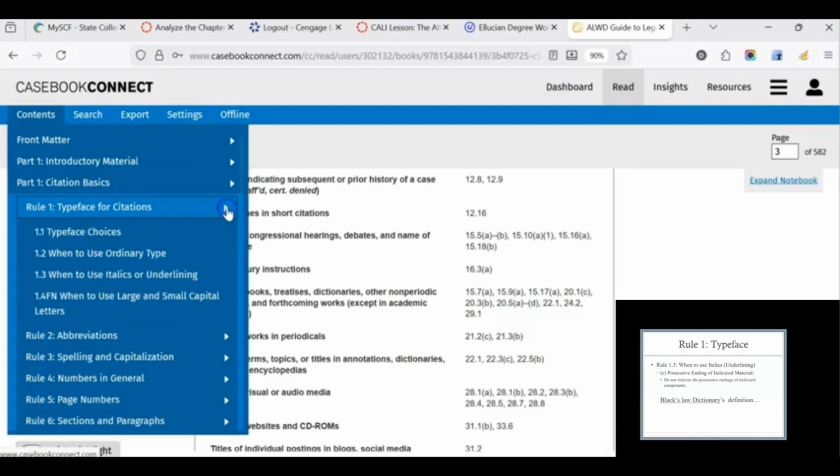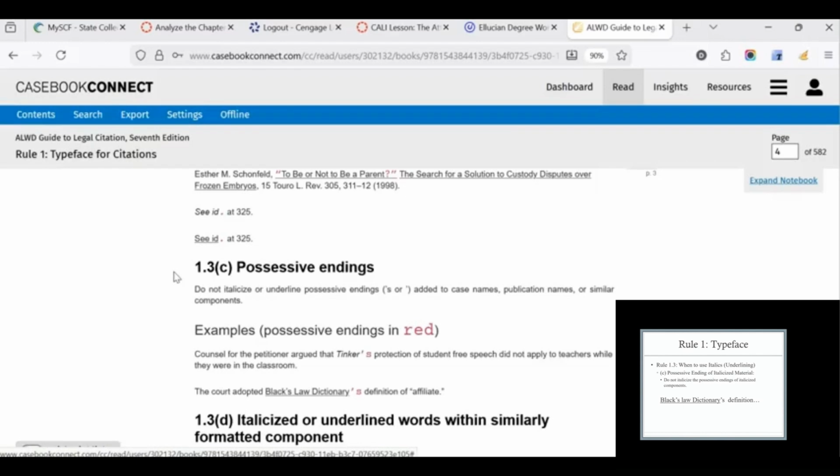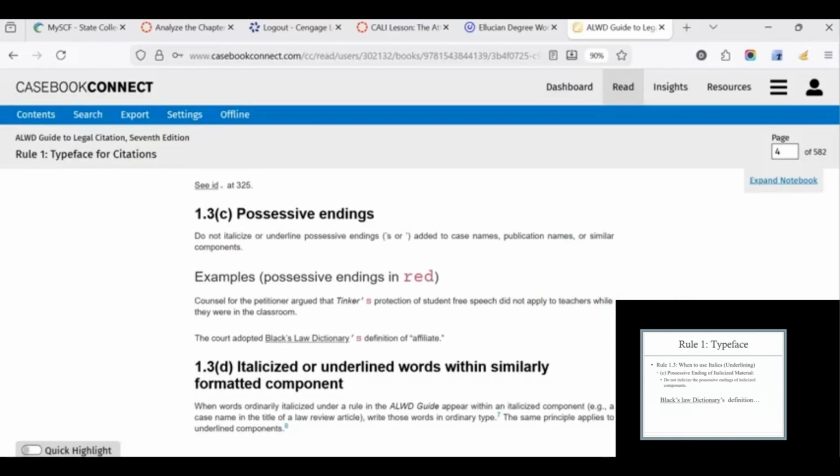And here's where we get into grammar, unfortunately. That was not my strong suit when I was growing up because English was a second language for me. So in section C, it says, do not italicize the possessive endings of italicized components.